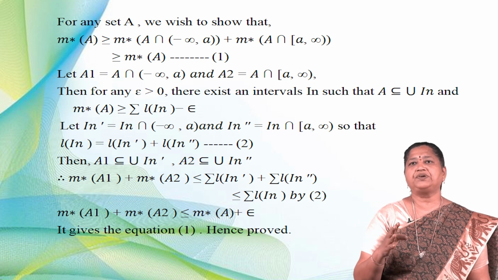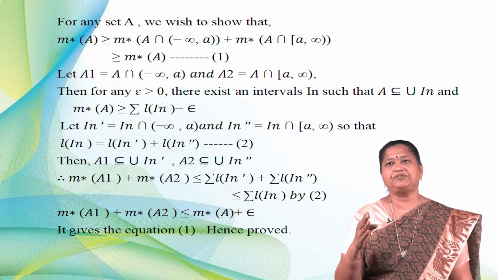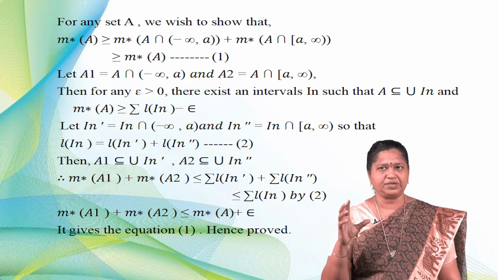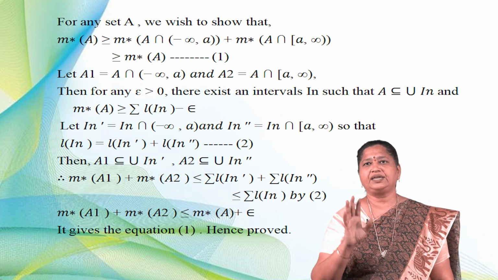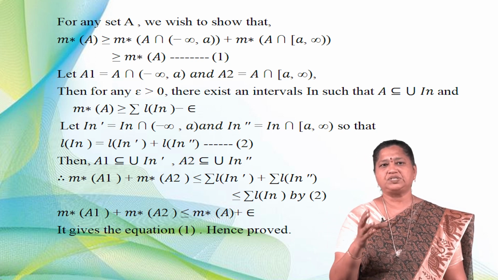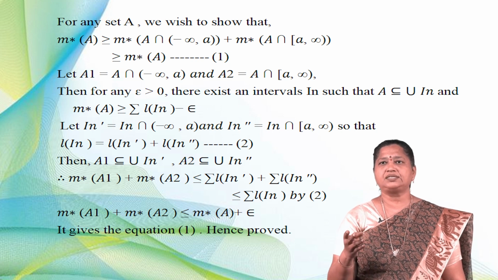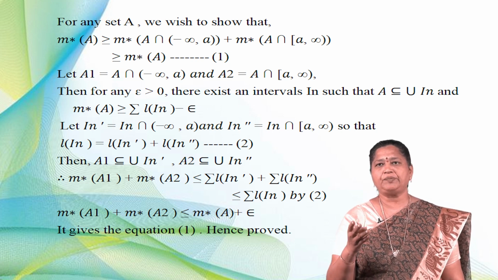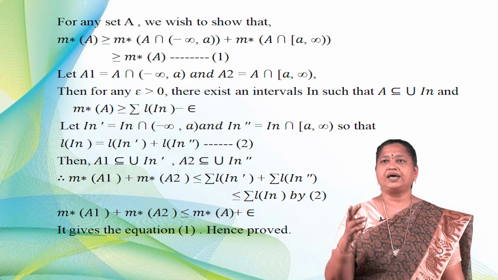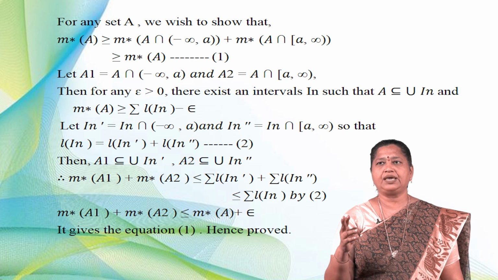Then m star of A is greater than or equal to summation of l of I_n minus epsilon. This is nothing but the outer measure definition. Let us take I_n dash, which is equal to I_n intersection half open interval (minus infinity, a), and I_n double dash, which is equal to I_n intersection half open interval (a, infinity).